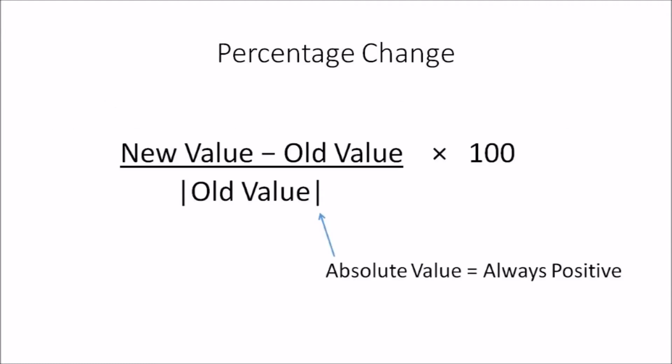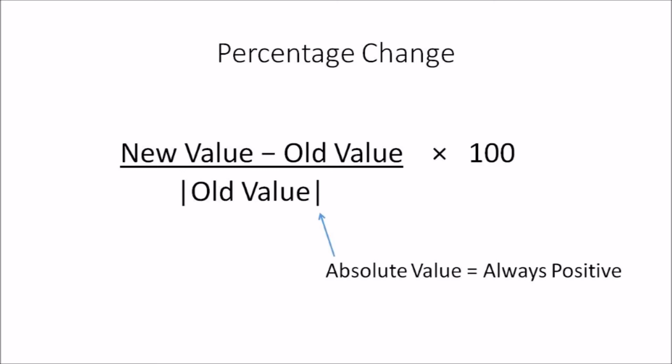That brings us to the formula to calculate percentage change. It's very easy. It's the new value you have minus the old or the original value, divided by the old or original value. Now in the denominator you always use the old value as a positive.